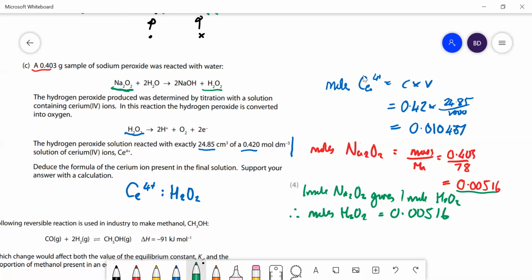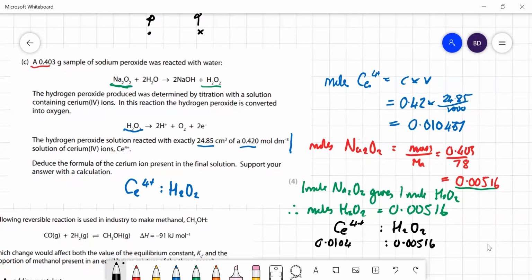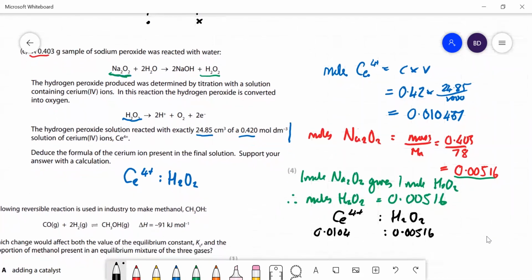Right, so we've got a ratio now of Ce4+ to hydrogen peroxide. That is 0.0104 to 0.00516. And I think you can see, without using a calculator, just divide by the smallest number, that is a 2-to-1 ratio.